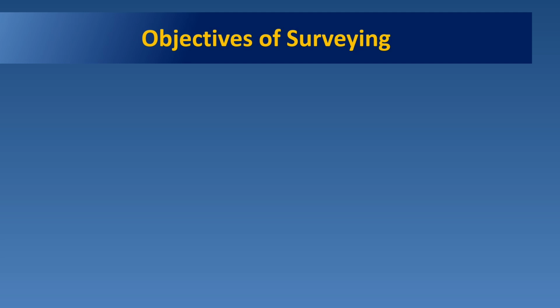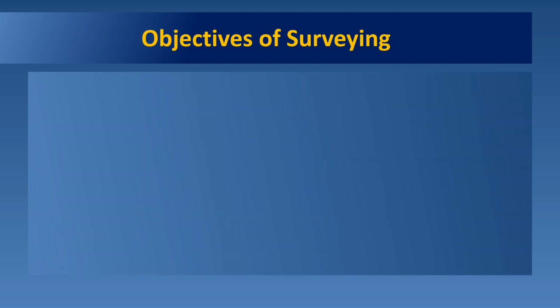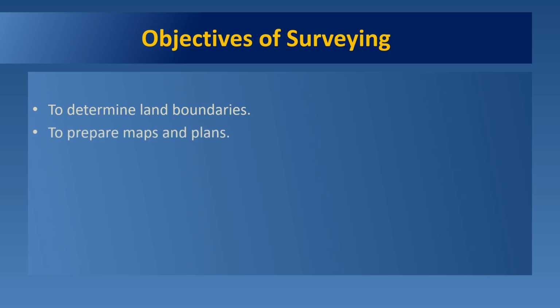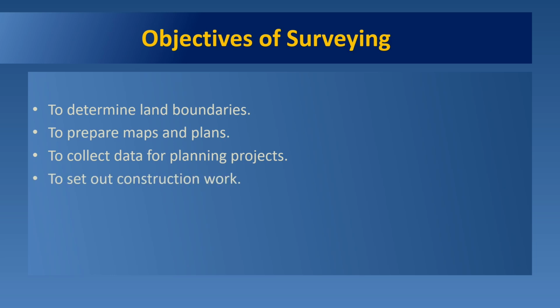Now, objectives of surveying. So, what are the objectives of surveying? First, it helps us determine land boundaries, which is crucial for legal and planning purposes. Second, it allows us to prepare accurate maps and plans. Third, we use it to collect data for construction projects, like where to build and how the land is shaped.